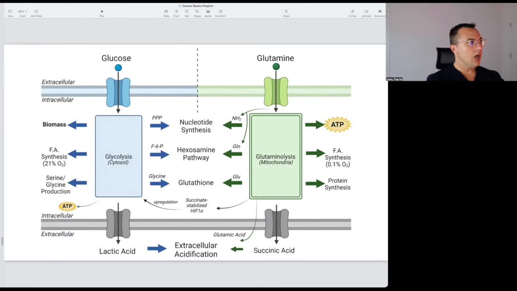And so I always try to get us back to this very classic Seyfried graphic, which is looking at the two major metabolic targets, glucose and glutamine metabolism. Today, I'm going to focus us on the left side of the graphic, which is glucose metabolism, and then we will look at glutamine metabolism in the next video.